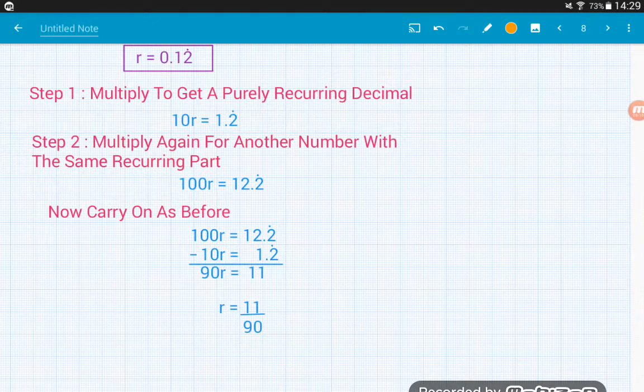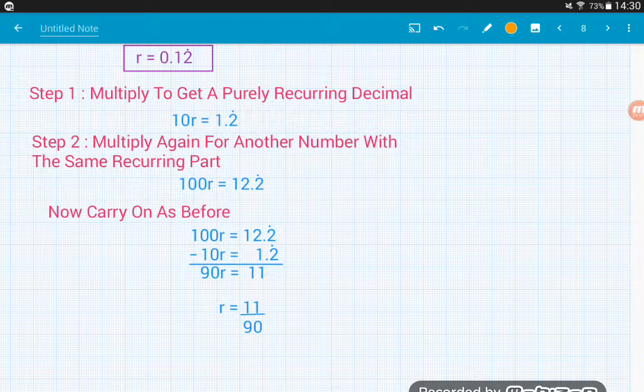Okay, now it's these sort of questions that seem to pop up, especially in the AQA papers now. These are the 3 mark guys, and these probably are the trickiest variation of the problem. So here we've got r equals 0.12 recurring, so it's not saying 0.121212, it's saying 0.12222222.